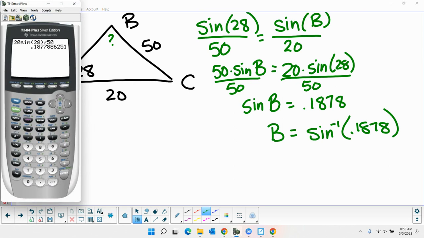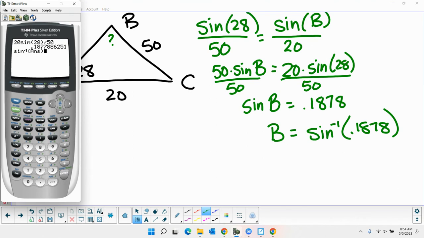All right, I already have that 0.1878 in there, right? So here's all you have to do. Hit second sine, and that gives you that inverse sine. And then hit second, the negative sign for answer. So what it just did is it put that big decimal in for you. I always like to close it up. I don't think you really have to.